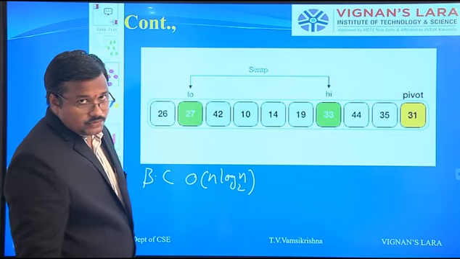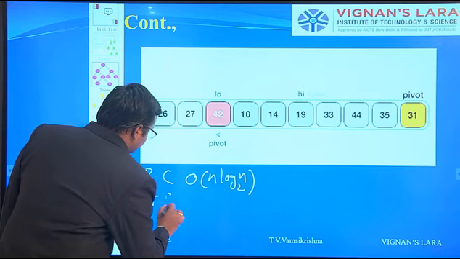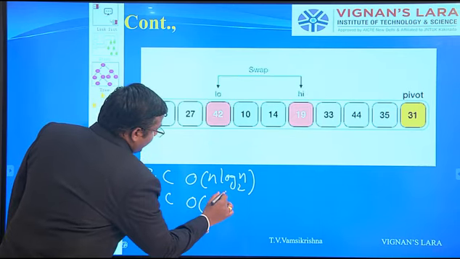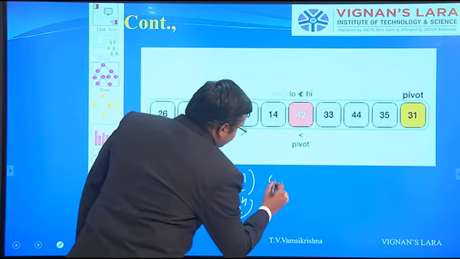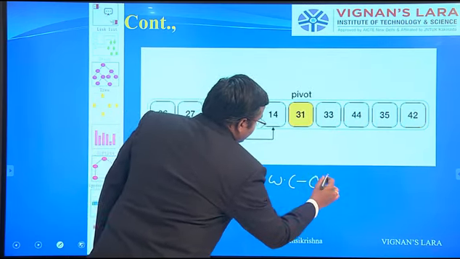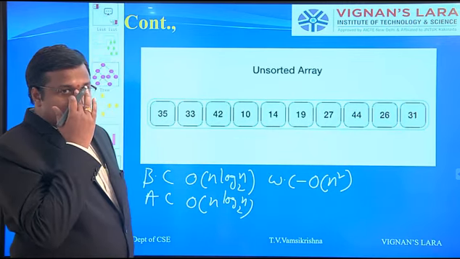Best case is big O of n log n base 2. Average case is big O of n log n base 2. But in the worst case, the time complexity of quicksort is big O of n square. What is the worst case?